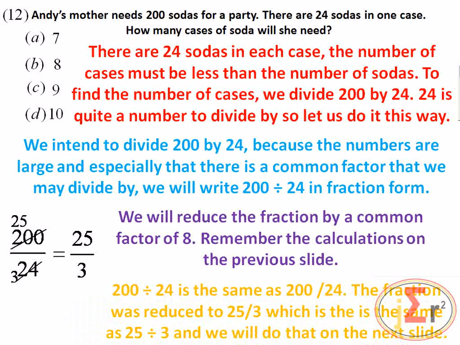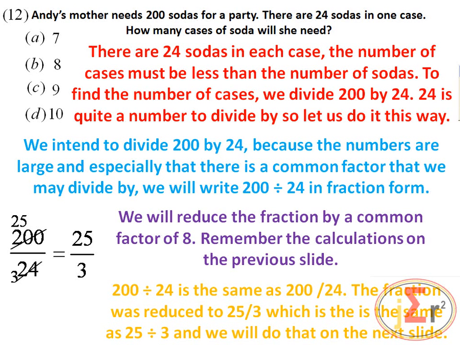3.8.33. All right. So 200 divided by 24 is the same as 200 over 24. The fraction was reduced by a common factor of 8 to 25 over 3, which is the same as 25 divided by 3. And we will do that on the next slide.